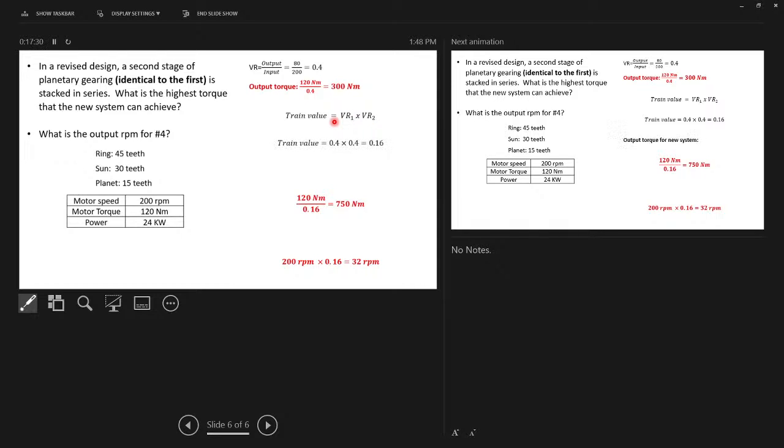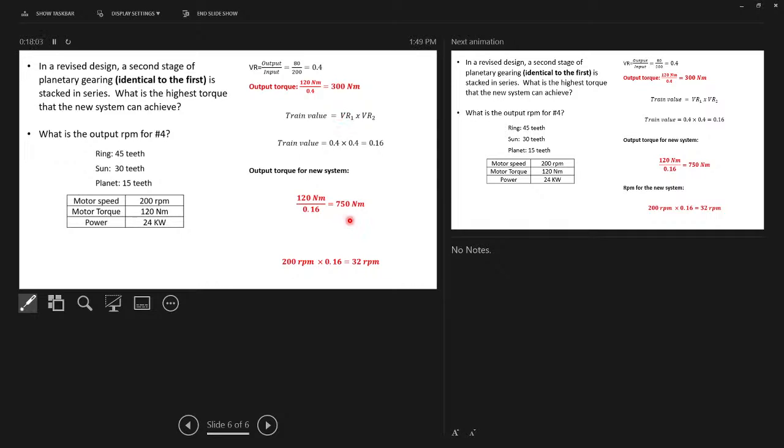So that means you've got a train value for this entire system of 0.16. So the output torque of the new system is 120 Newton meters off of the motor, divided by the train value of 0.16, which is 750 Newton meters. So it more than doubled the output torque when we put these two systems together.